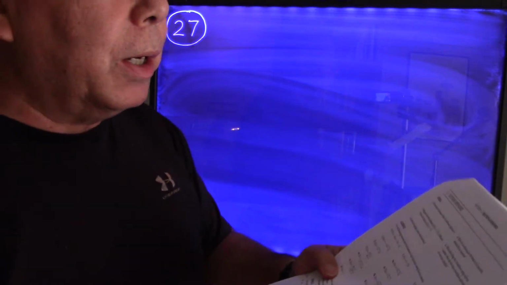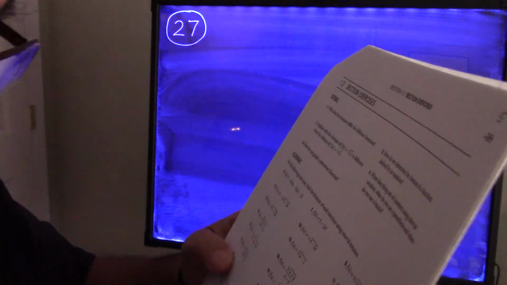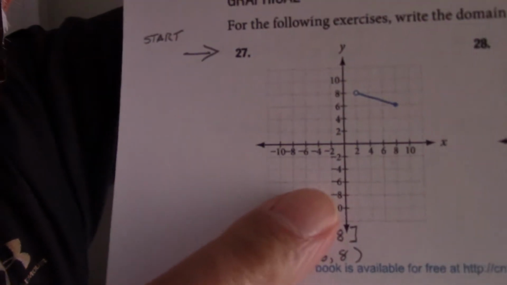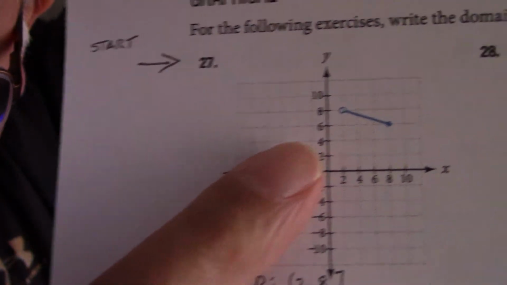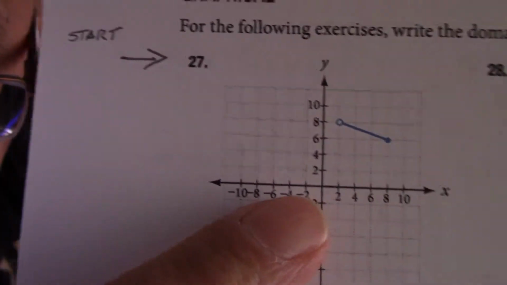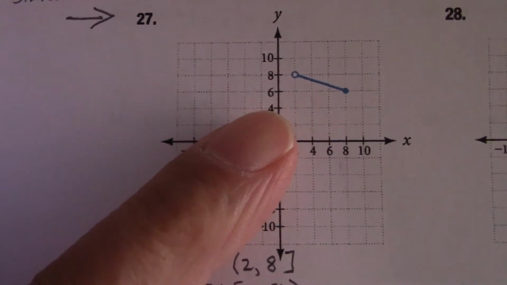Okay, number 27. For the following exercises, write the domain and range of each function using interval notation. So let me refer you to the book. In your exercise section, take a look at 27. Now the domain would be all the x values that go into this function.